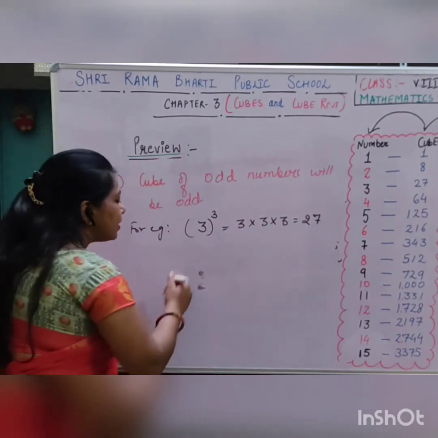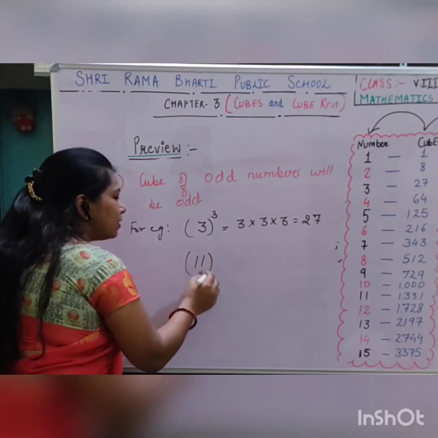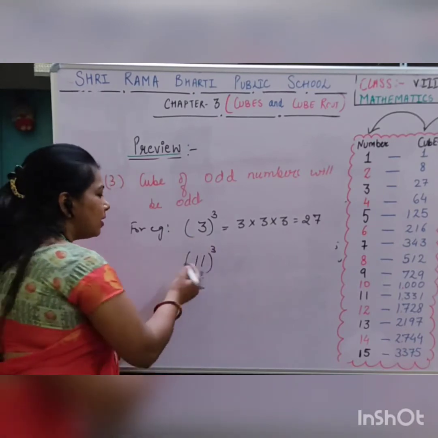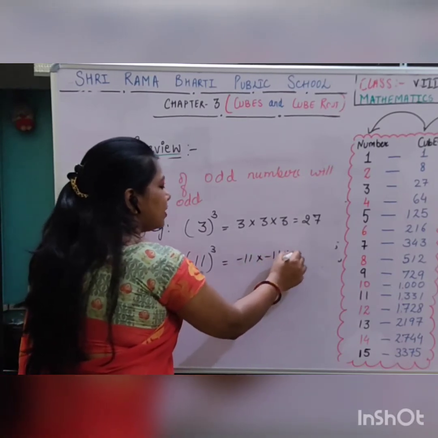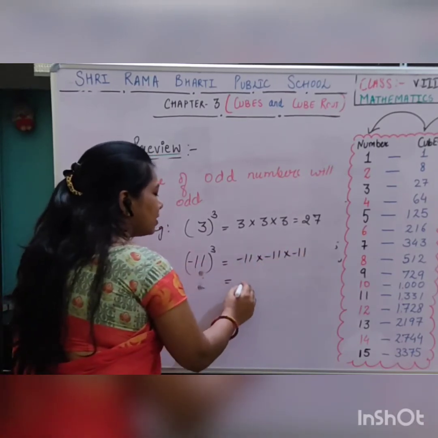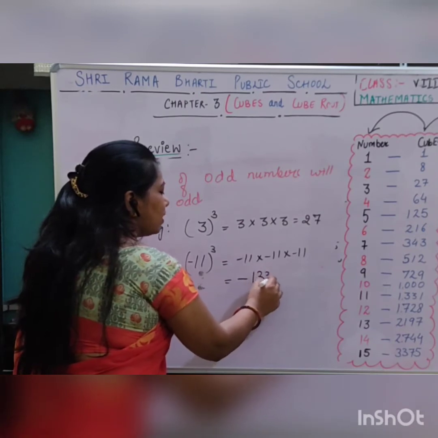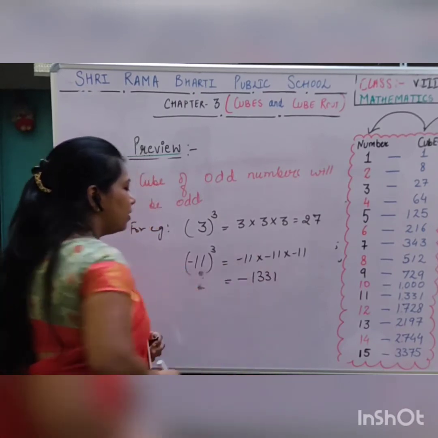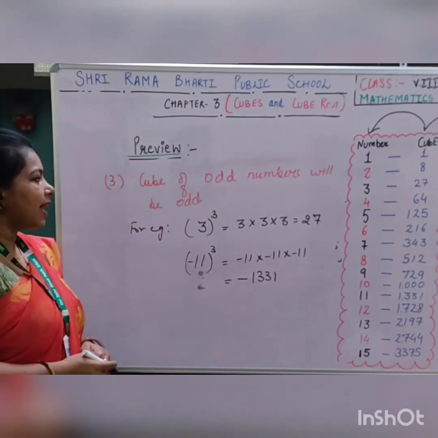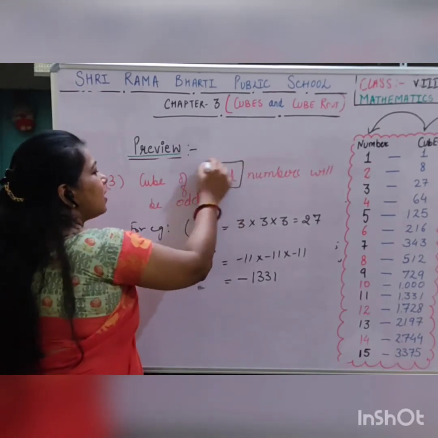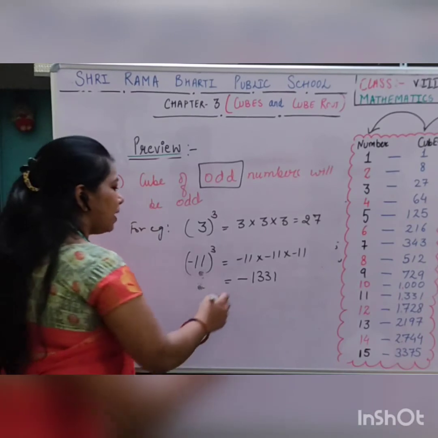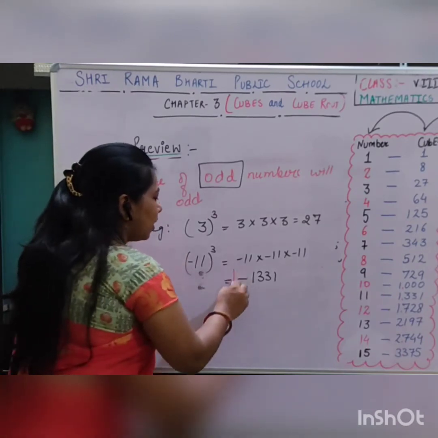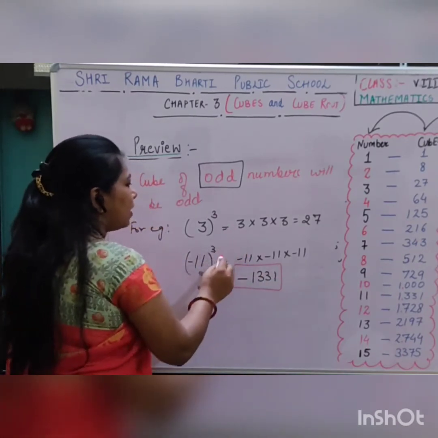Right? Another example, if I take 11, let's suppose minus 11. So it would be minus 11 into minus 11 into minus 11. So the answer would be minus 1331. So here we can see that when our numbers are odd and we take the cube of that number, my answer will always be odd.